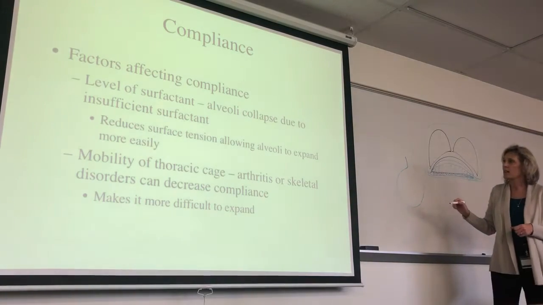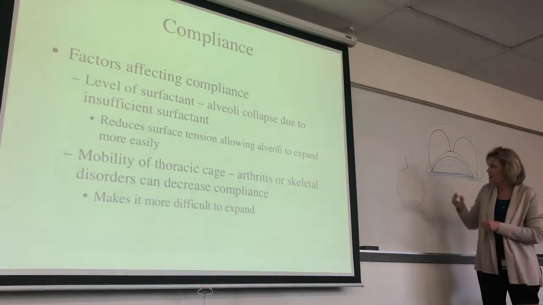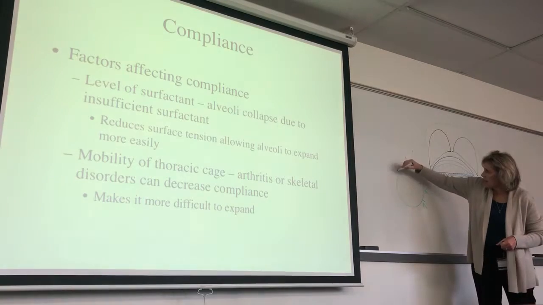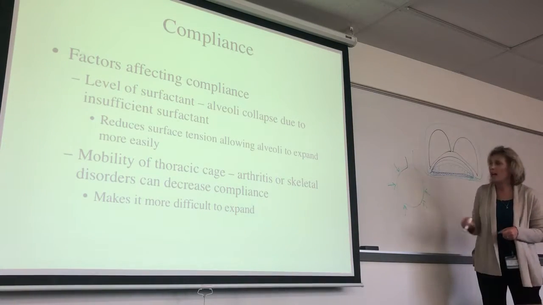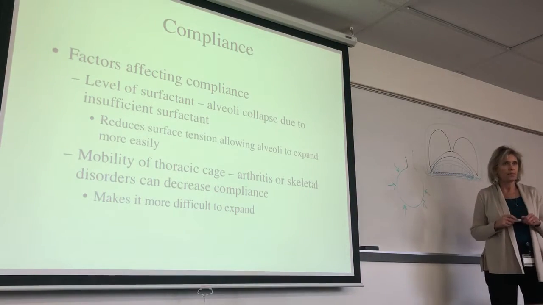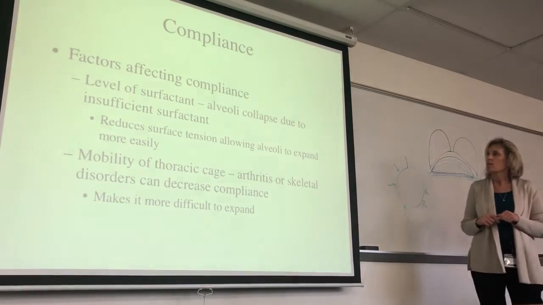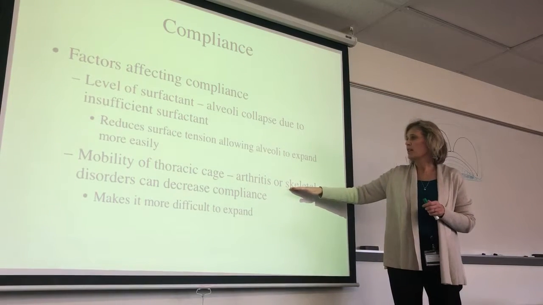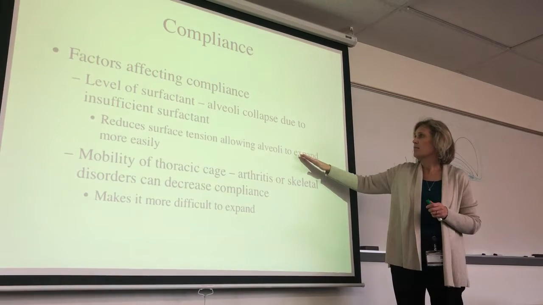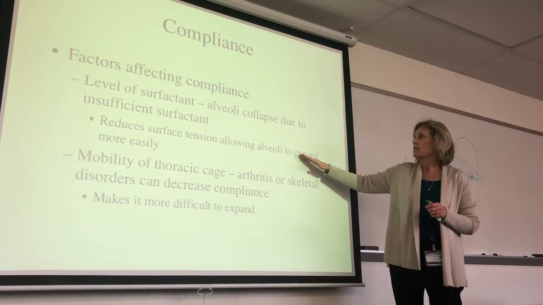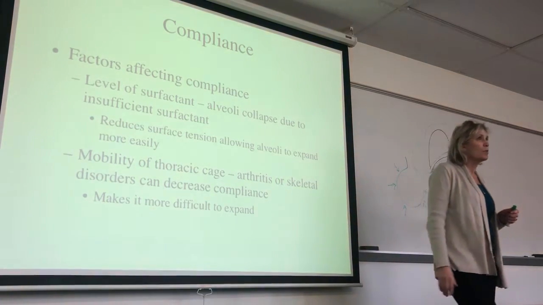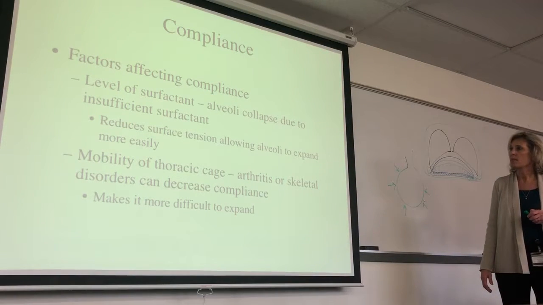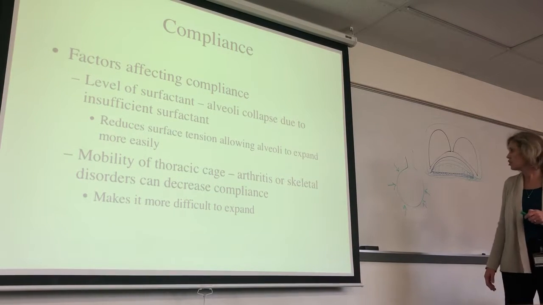And if there isn't enough surfactant, then there's going to be a lot of surface tension, and that alveoli is going to collapse. Right? That would decrease compliance. Okay? Surfactant reduces surface tension.